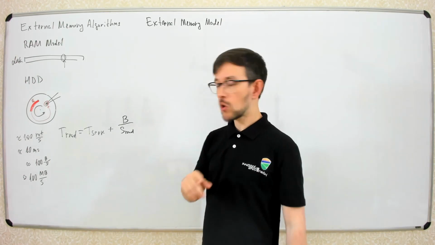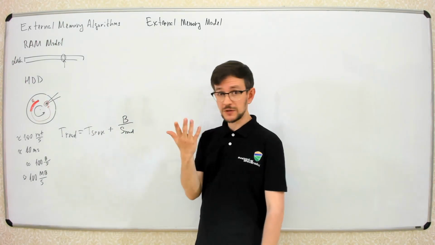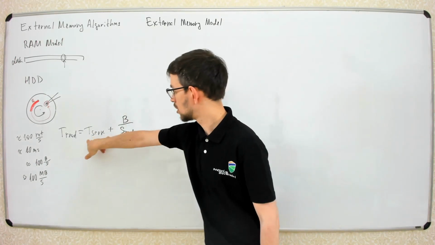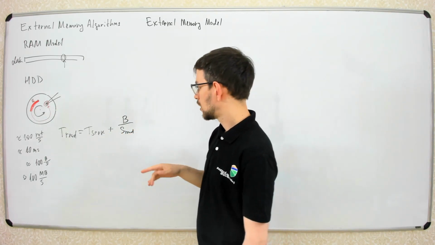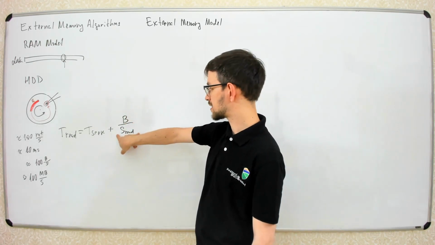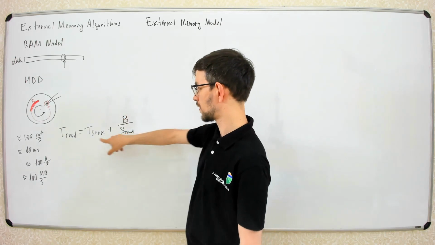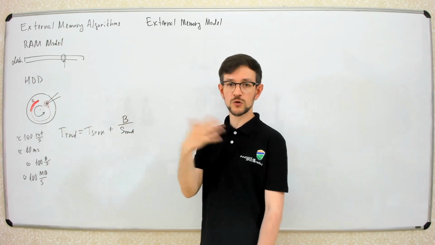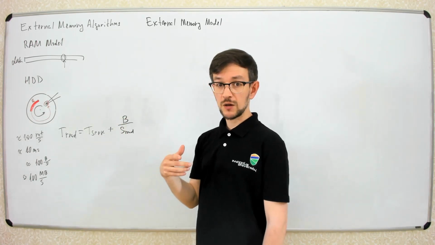Now let's think, what is the optimal size of this block? The optimal size is basically when these two values are about the same. If this block is small, then this summand is smaller than this summand, so this part will be much smaller than this part. It means that most of the time of your algorithm you just make seeks.